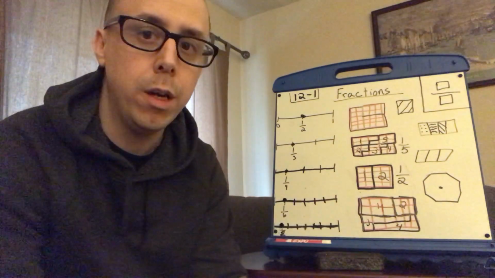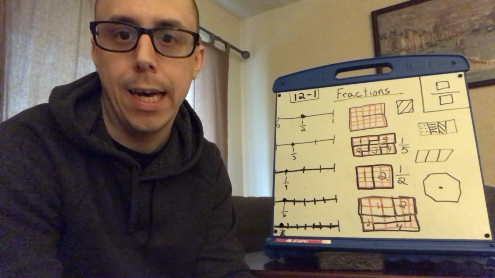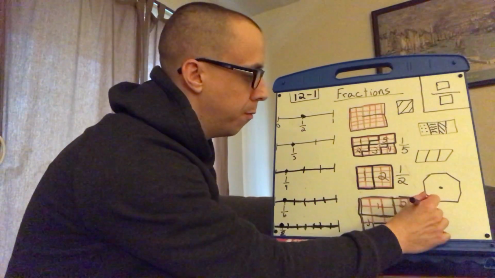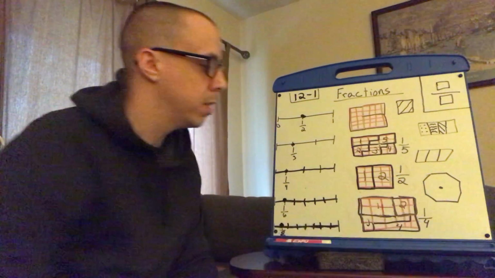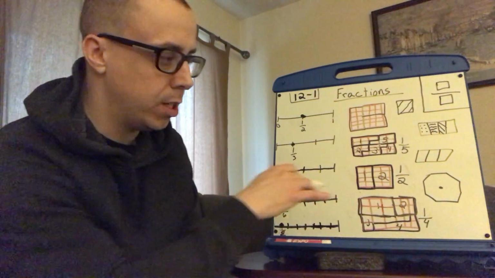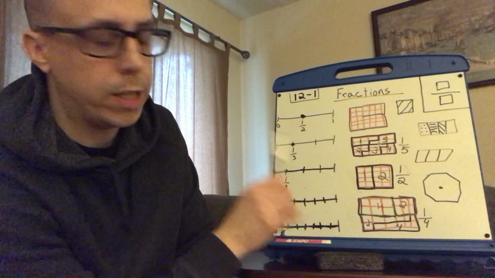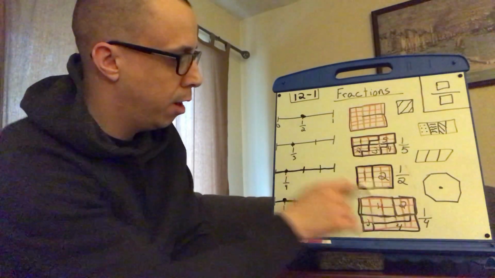So one part out of the 4 sections is 1/4. Okay, so there were 6 in each section, but it's 1 out of 4 sections. There's 1, 2, 3, 4 sections.